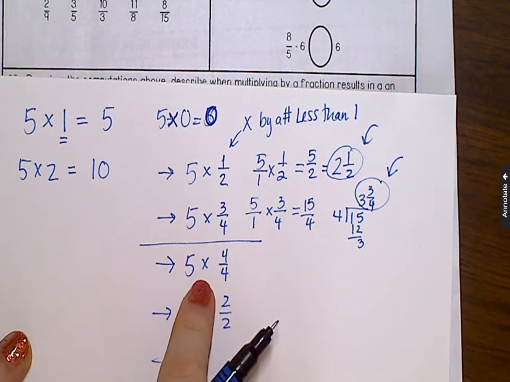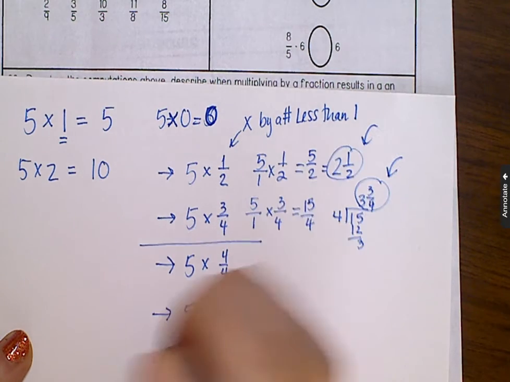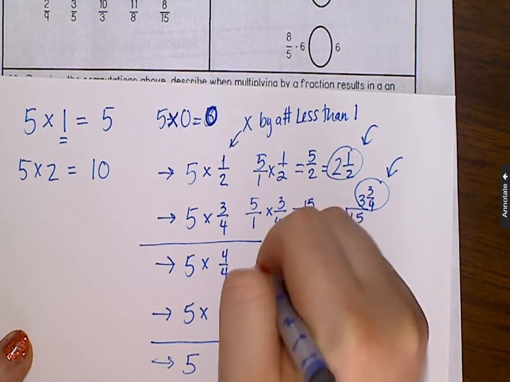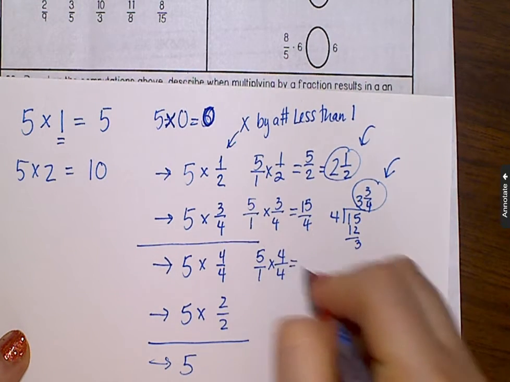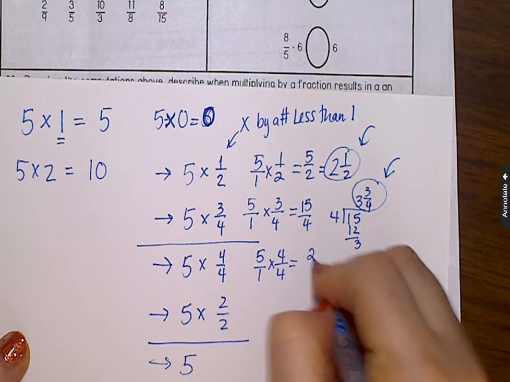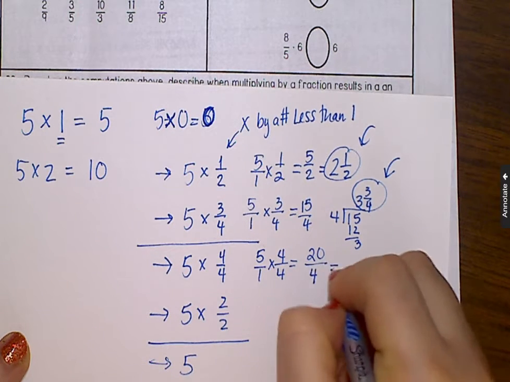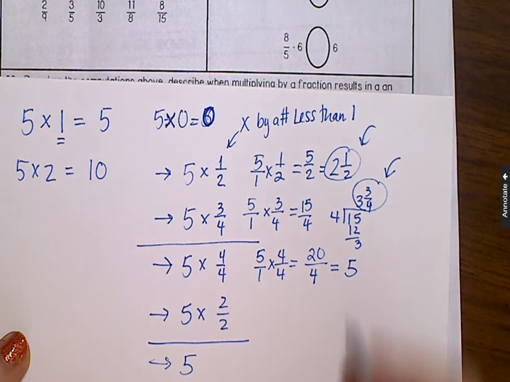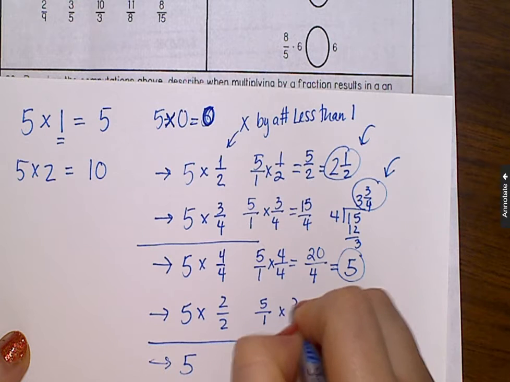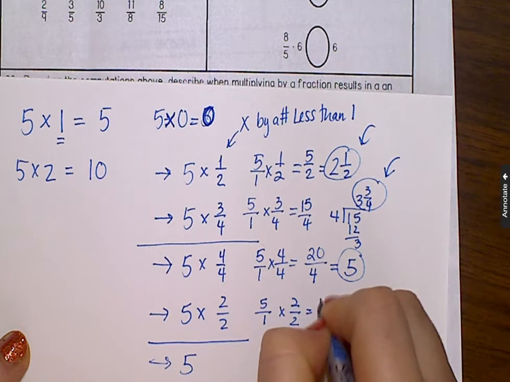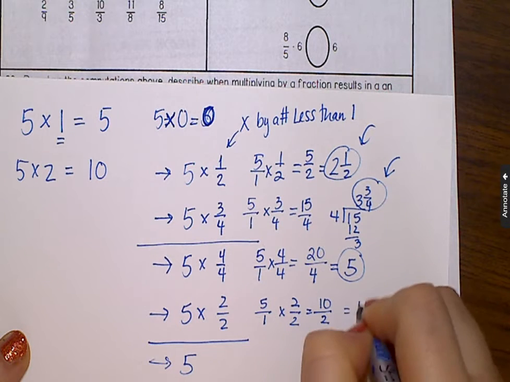Well, what I'm doing here is actually multiplying by 1, because 4/4 is 1, 2/2 is 1. But let's test it out and make sure what I'm saying still applies. So when I go straight across, I get 20/4, which divides out to be 5. 5/1 times 2/2: 5 times 2 is 10, 1 times 2 is 2, 10 divided by 2 is 5.